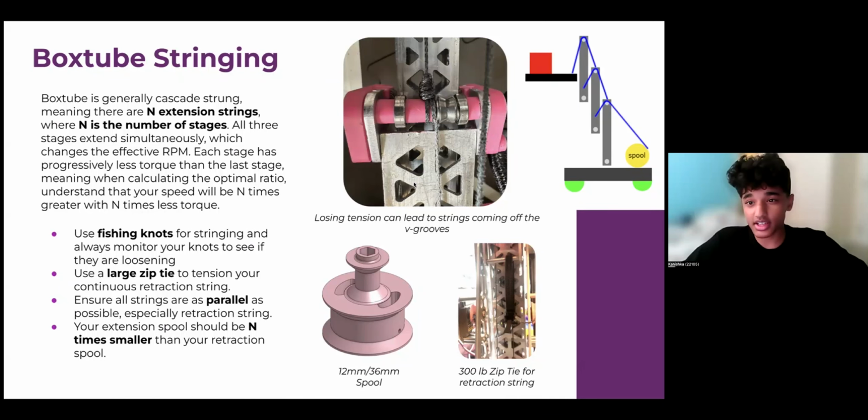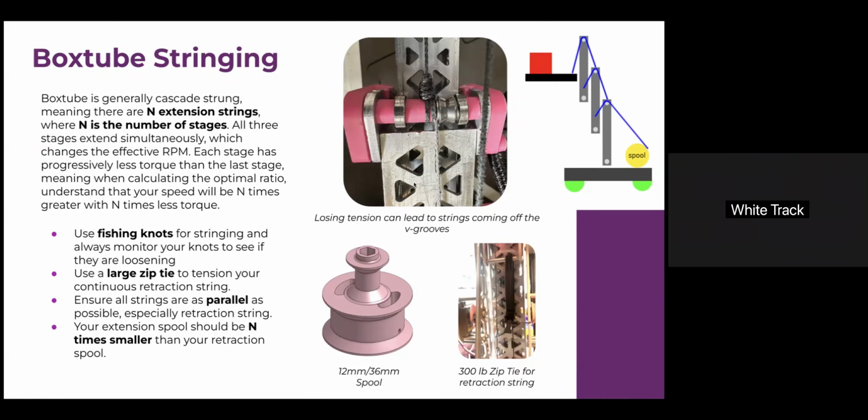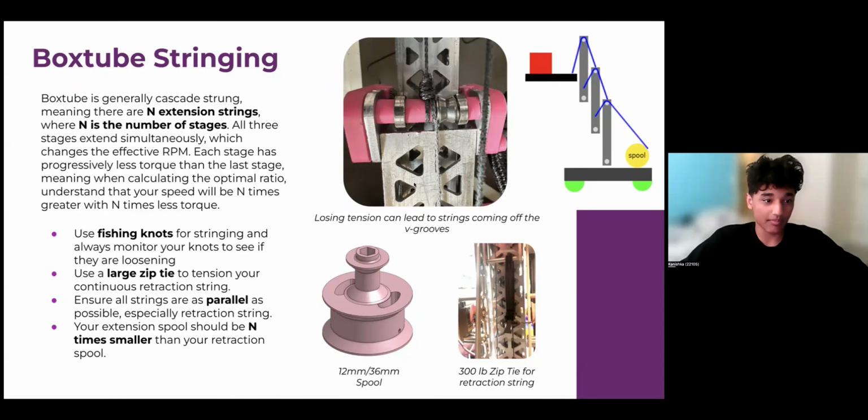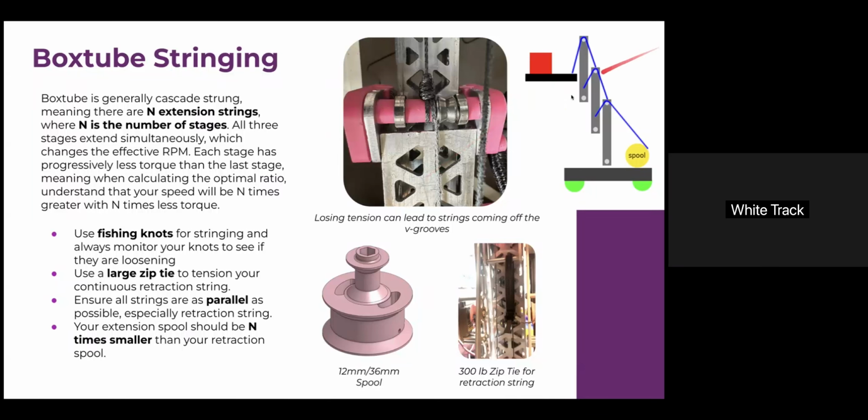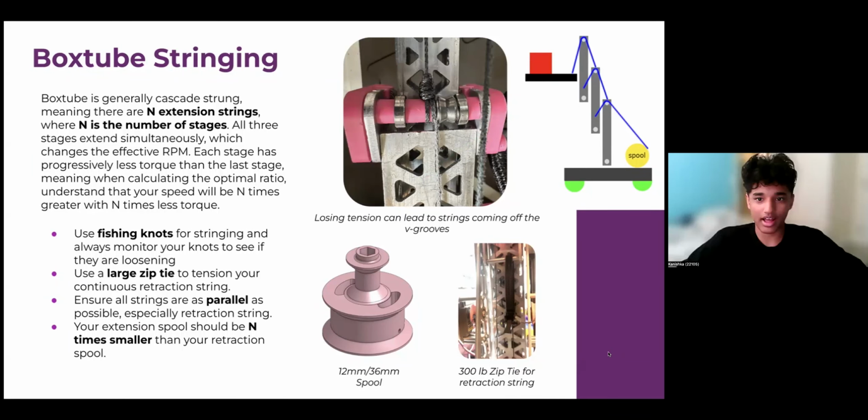All three stages extend simultaneously, and this changes the effective RPM as compared to something like continuous stringing because you have less torque but more speed. When calculating your optimal ratio, you should keep this in mind that there's going to be n times as little torque and n times as much speed. So adjust your ratio accordingly.